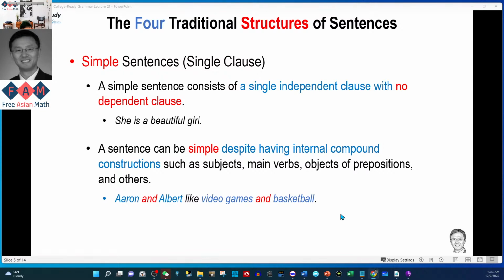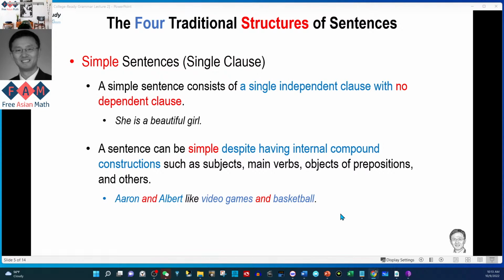We will see later that a subject doesn't mean that you have only one word or one person or one thing. Logically, it can be a clause, for example, a noun clause, but we'll study that later. The takeaway here is that when we talk about the subject, it can be much more complicated than just, say, a single word. Okay?